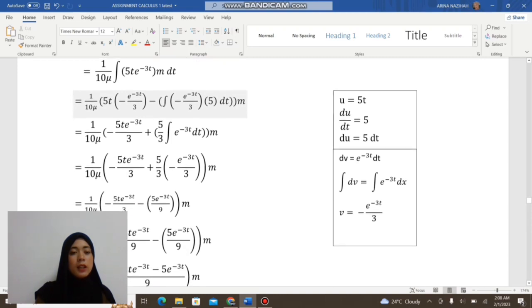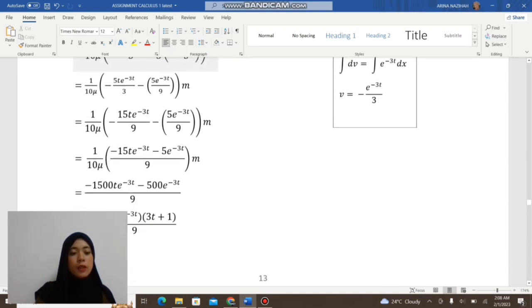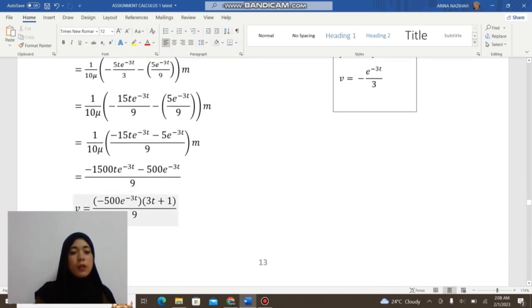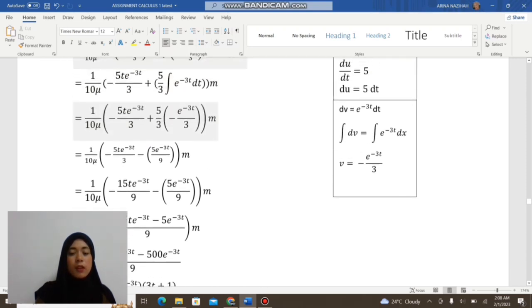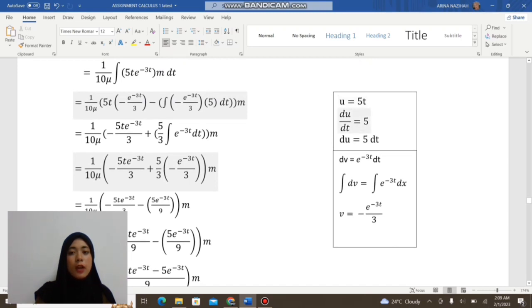We calculate here, and we got the answer V equals open bracket minus 500 e to the power of minus 3t close bracket open bracket 3t plus 1 close bracket over 9. So this is u and du, this is dv and v.